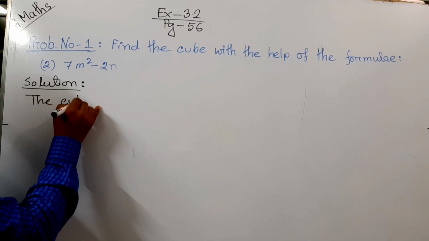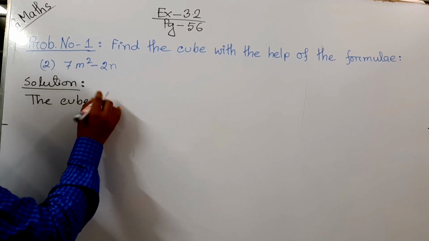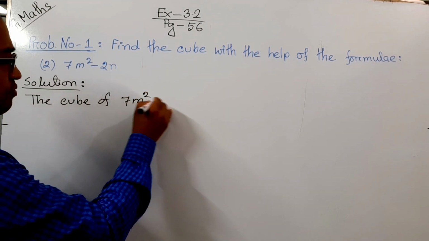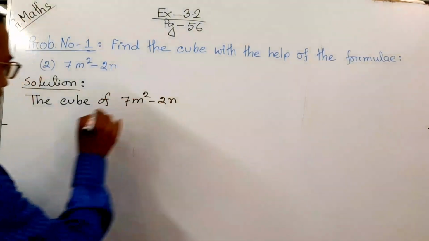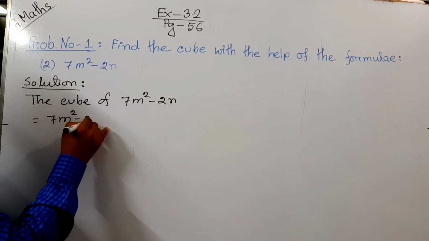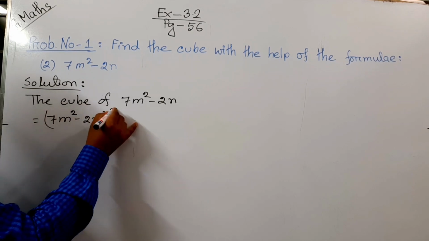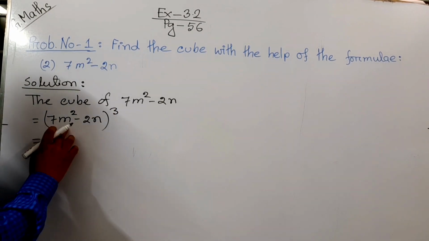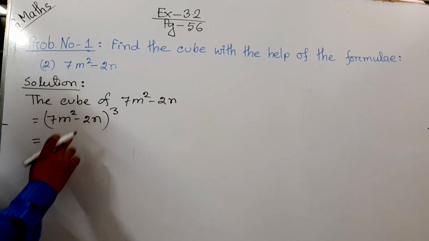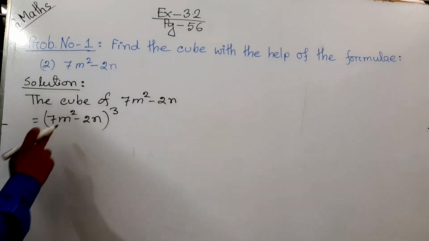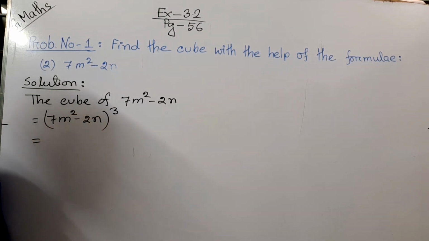The cube of 7m square minus 2n, that is 7m square minus 2n whole cube. Look, if you consider 7m square as a and minus 2n as b, it becomes a minus b whole cube.